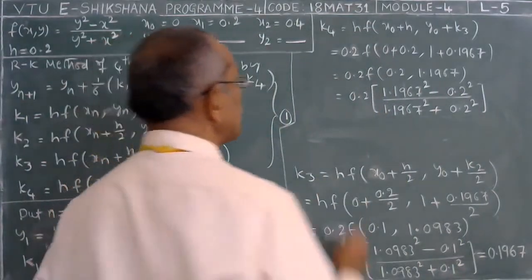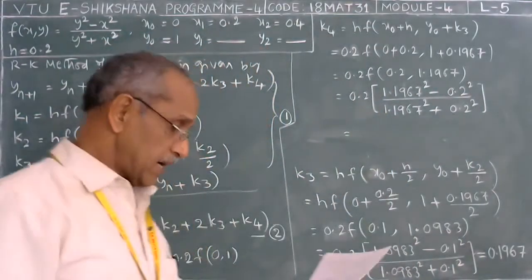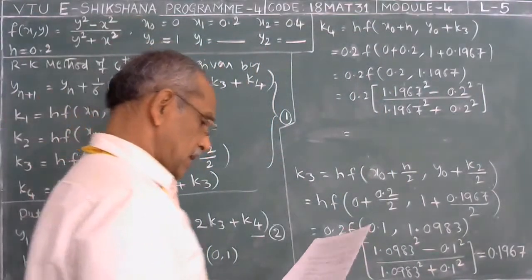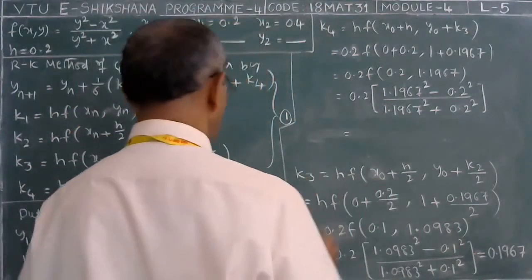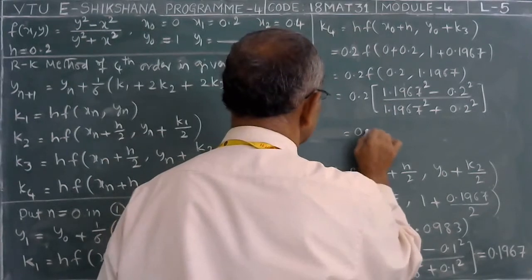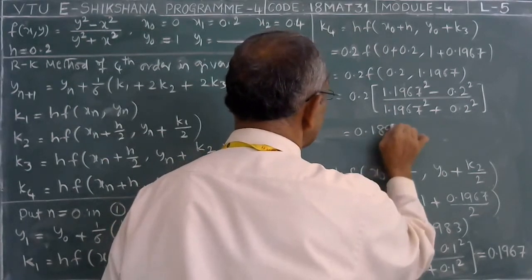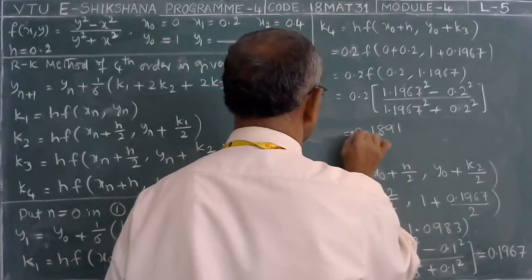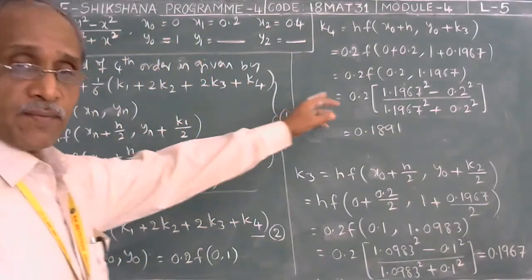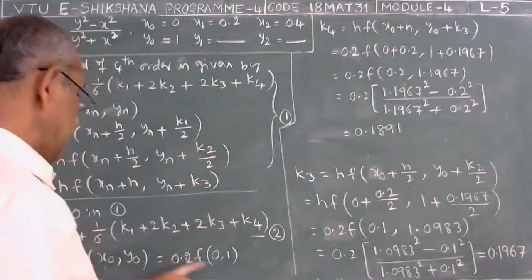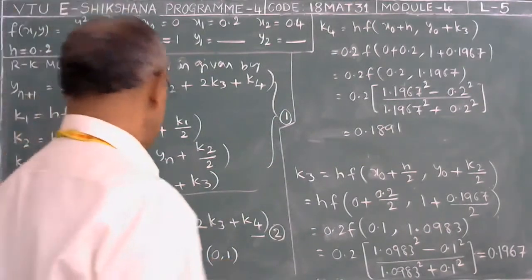If you carefully calculate using a calculator, you get k4 is equal to 0.189. So 0.189 is your k4.